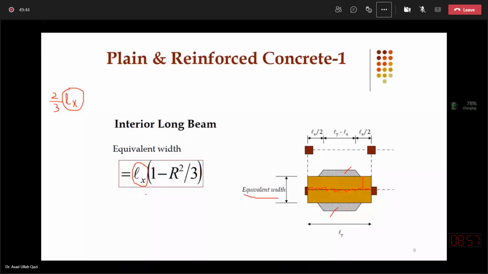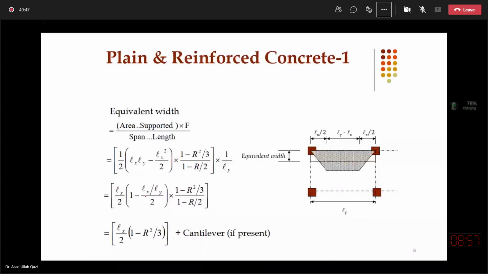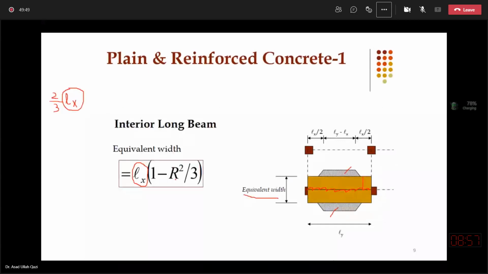In this final equation of equivalent width, R is actually the aspect ratio, and don't forget that here R is shorter over longer span. To decide one-way or two-way slab, you can divide longer over shorter, and check whether it is less than or greater than 2.